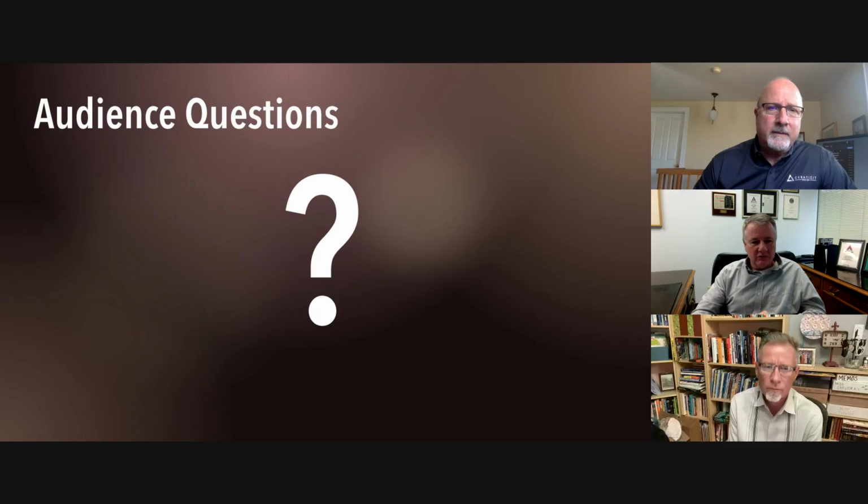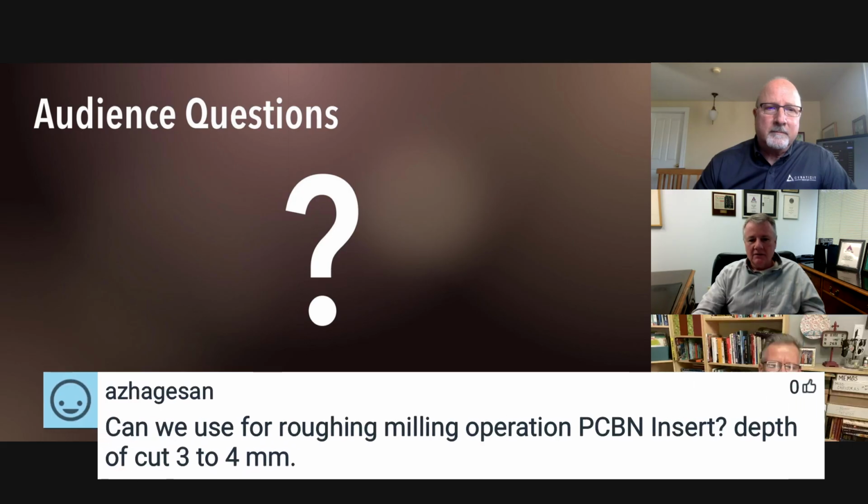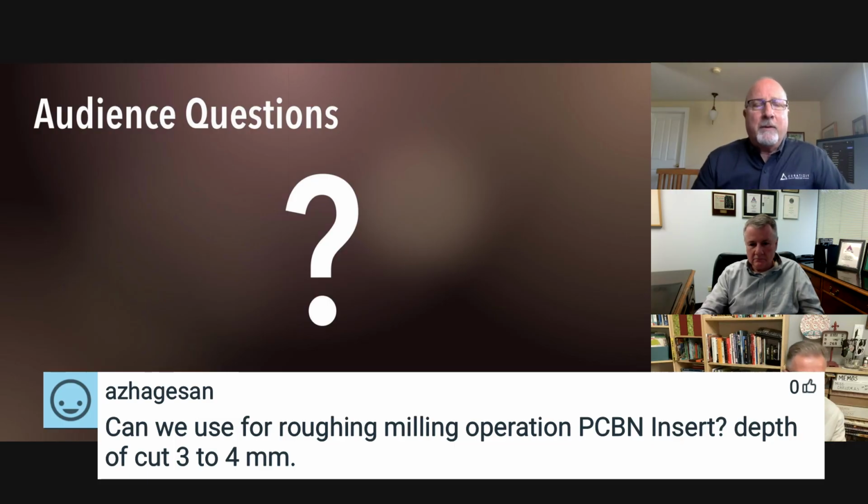Looks like we do have one question that just came in. Hang on, let me show that. Can you see that, Rob? It's: can we use this for a roughing milling operation with a PCBN insert, 3 to 4 millimeters? We don't offer a CBN insert with our systems. Theoretically, if we did, and you were machining, say, cast iron, I don't see any reason why you couldn't.